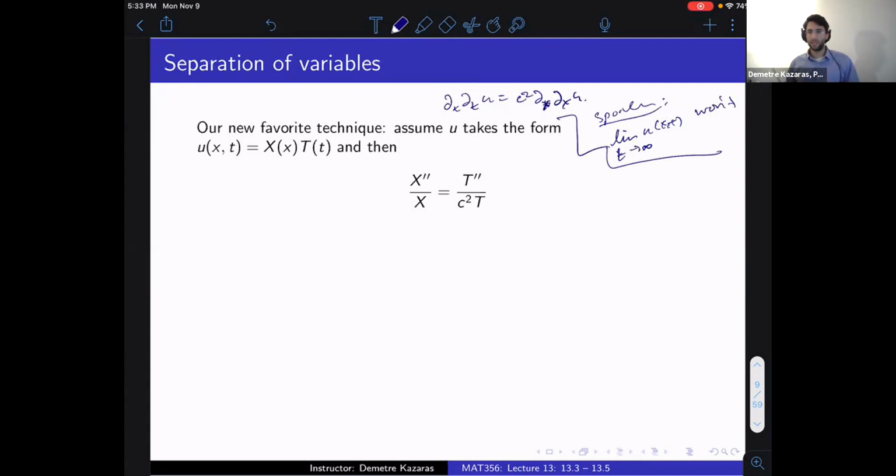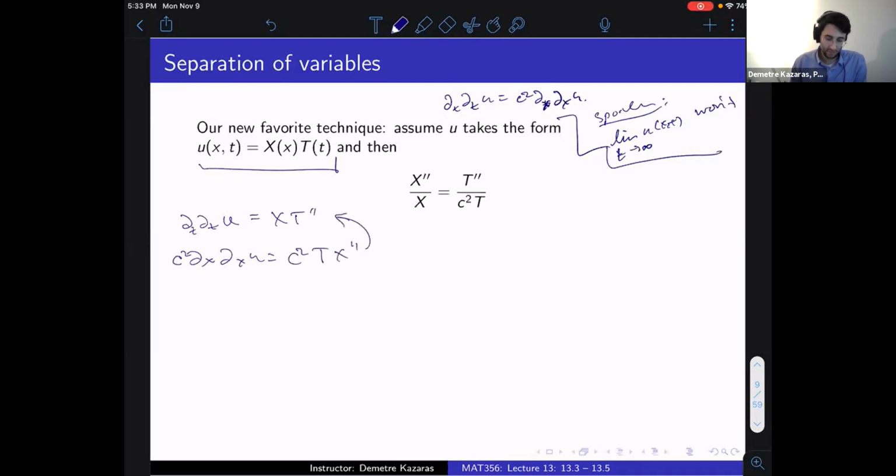Here's the first one, from the technique we learned for the heat equation, separation of variables. Suppose u takes the form of a function only of x times a function only of t. Then partial t squared of u is just x times t double prime, and c squared times partial x squared of u is c squared t x double prime.